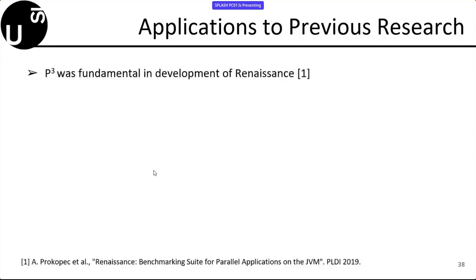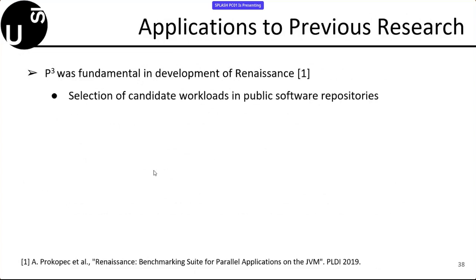P3 has been extensively used by researchers in both academia and industry. And in particular, it was very important during the development of Renaissance, which is a modern benchmark suite composed of 25 benchmarks that focuses in particular on aspects related to parallelism, concurrency, and synchronization.